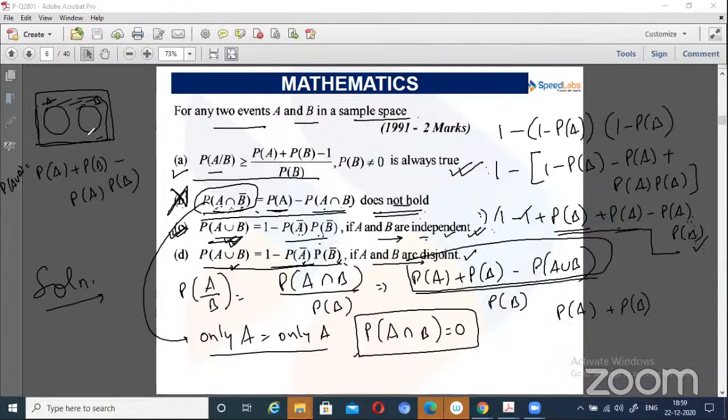A complement is everything except A. B complement is everything except B. This will be PB, this will be PA. Okay.